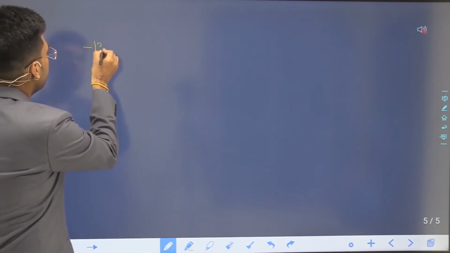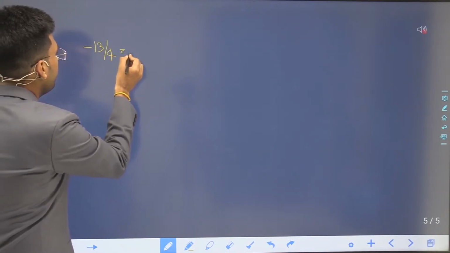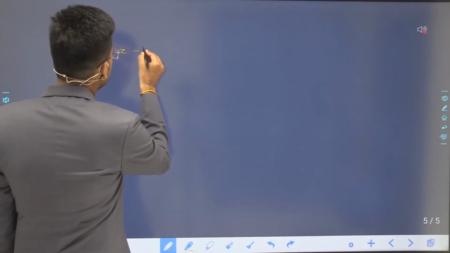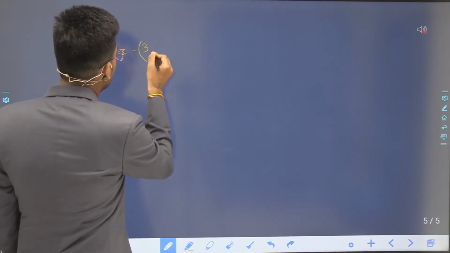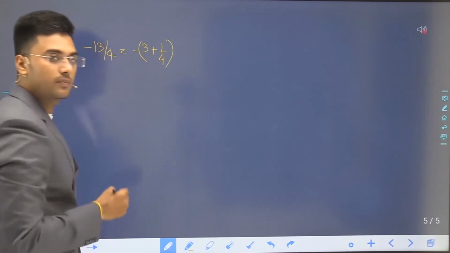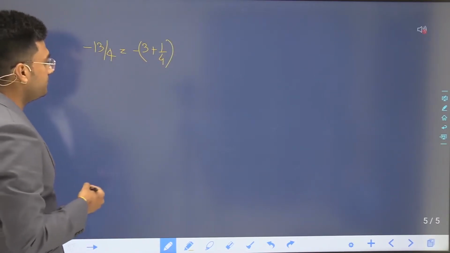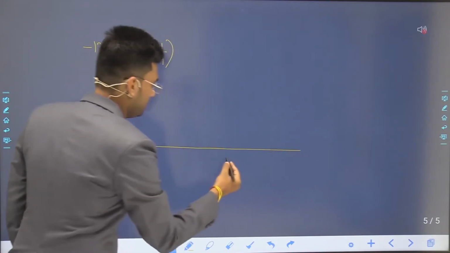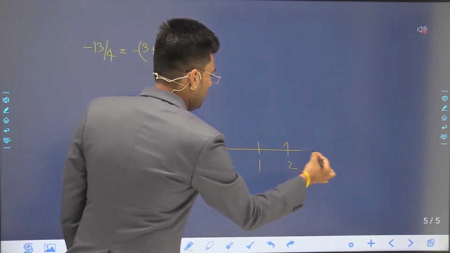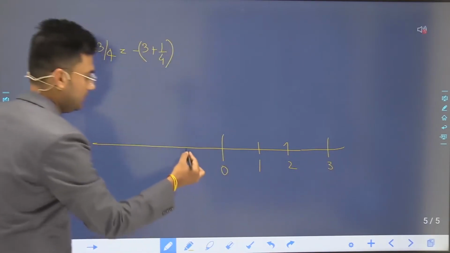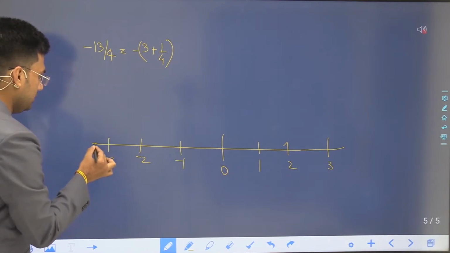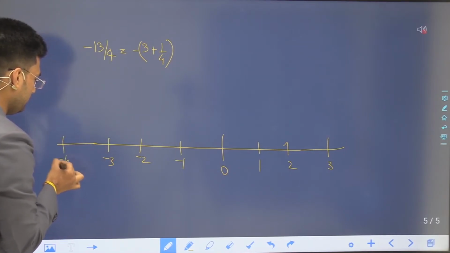Minus 13 by 4. Again we can write minus 13 by 4 as a minus of 3 plus 1 by 4. So what it means, this is 0, 1, 2, 3, minus 1, minus 2, minus 3, minus 4.